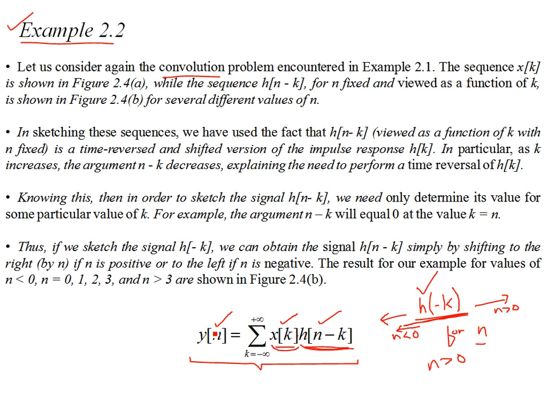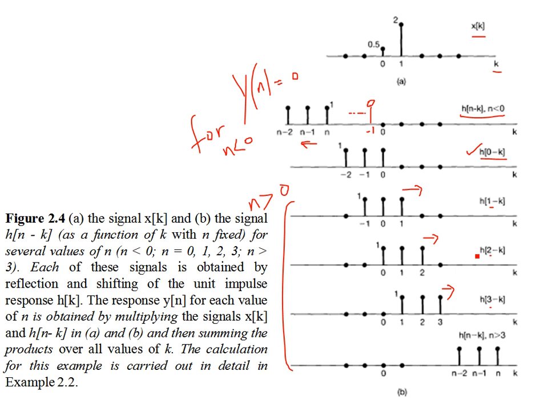Then if you proceed for n greater than 0, h of -k, the flipped impulse sequence, has to shift towards right. Now if you see in these figures, this is one shift towards right of h of -k. Remember that we are not considering h of k or h of n. We are considering the flipped version of the impulse sequence.